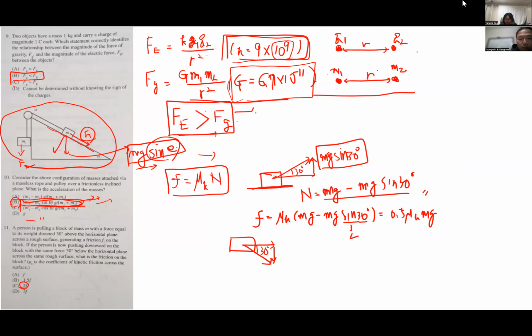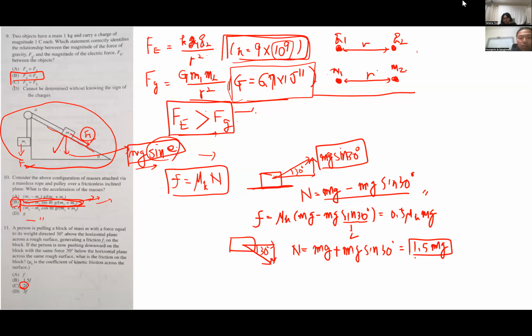So the normal force should be the weight of this block itself, plus the vertical component of the external force, in the same direction as the gravitational force, the weight. So that should be mg plus mg sine 30 degrees. So that is 1.5 mg.